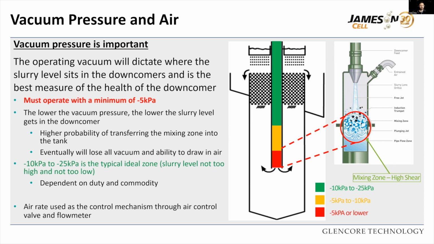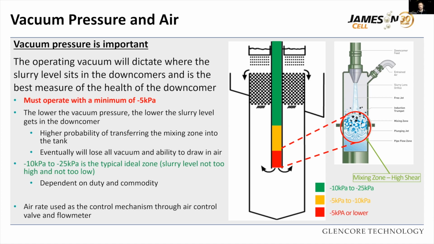The operation should be fine. And as I said, air is still the main control. You still want to be adding the amount of air that you need to create the performance that you want and sit on the grade recovery curve where you want to. There is the occasional operation and scenario where controlling by vacuum is an option.